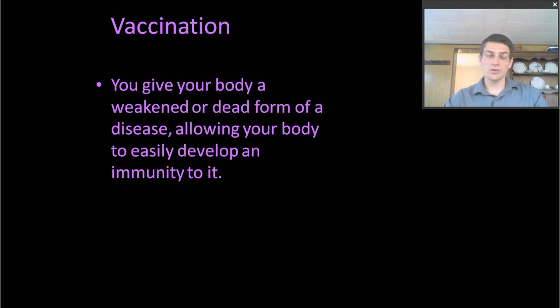And then when it encounters the real live version, it'll already have that specific response built up in its immune system memory.